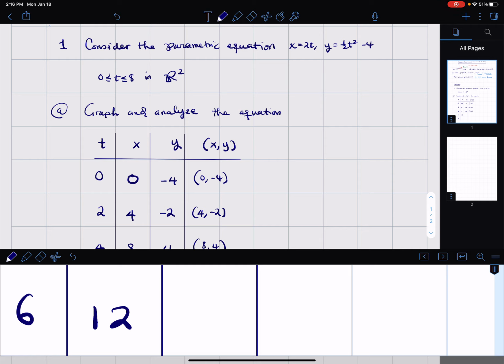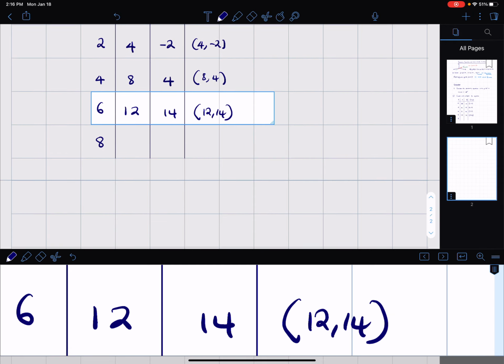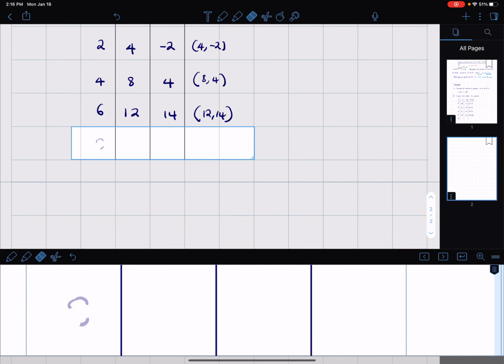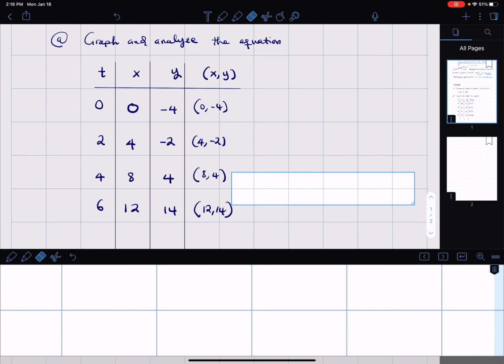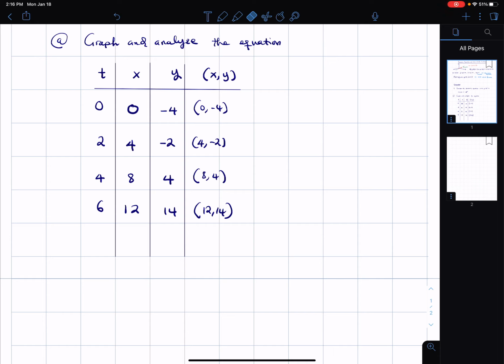And then y is 6 squared is 36, divided by 2 is 18, minus 4 is 14. All right, so we have 12, 14. So let's stop there. Don't worry about the 8. We're going to see the pattern, and then we can do a few more things from there.